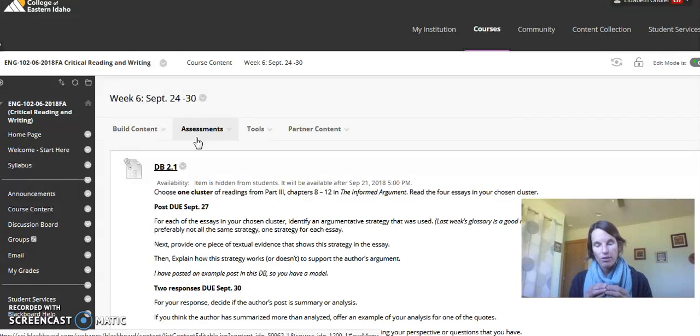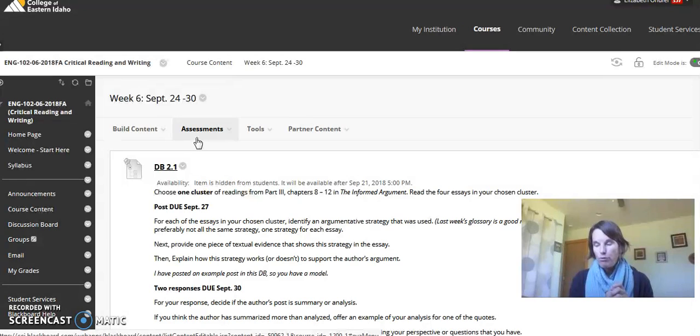You're going to read through each of those essays and start to analyze what strategies these authors used to construct their argument. This is where the glossary is going to come in really handy, because you can refer to it to think about what strategies were used. Any of those terms will help identify components in the cluster of essays.